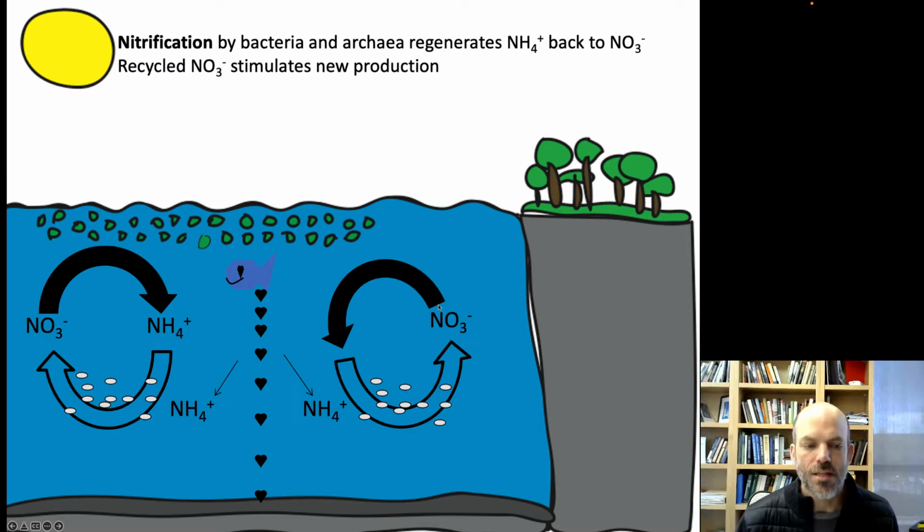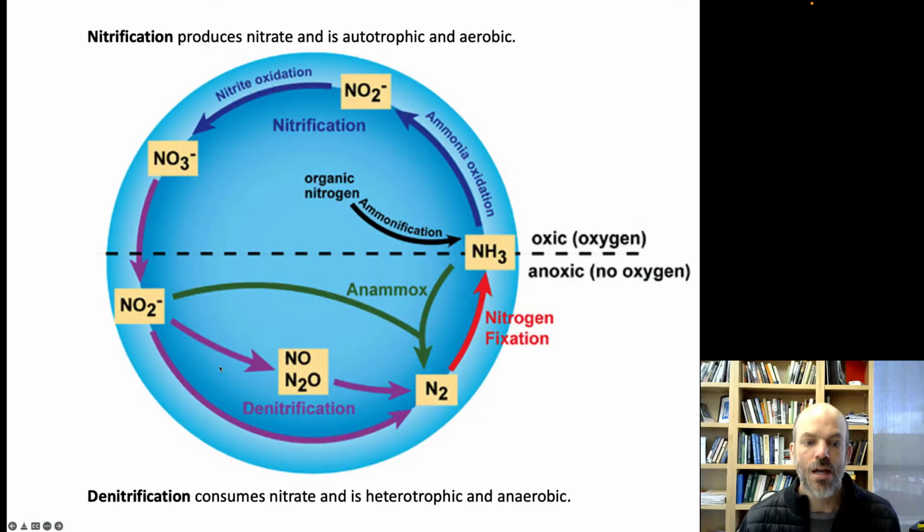Now remember, this is different than nitrification, which we've talked about before. Nitrification is the recycling of ammonia back to nitrate or nitrite. This is done by completely different organisms than those that do denitrification, and they're actually different from each other in multiple ways. So denitrification consumes nitrate.